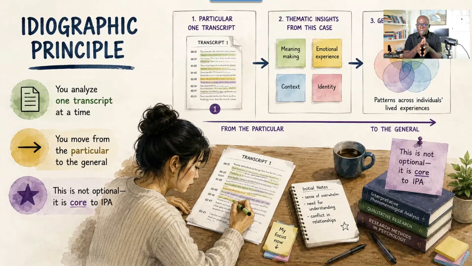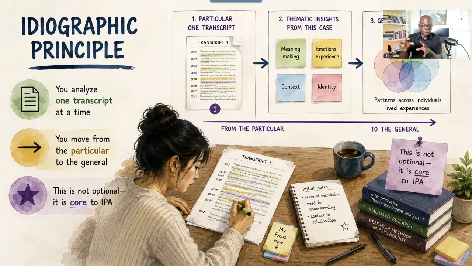For IPA, you first want to have a holistic understanding of individual participant experience. This means that you take one participant, you go through the data, identify information that has significance, you make sense of the data, and then develop themes, categorize the themes so that you can also develop overarching themes, or we call them superordinate themes.